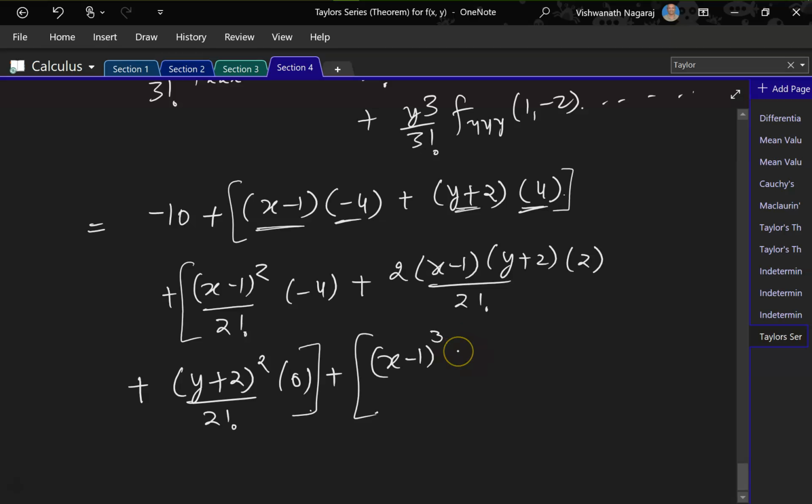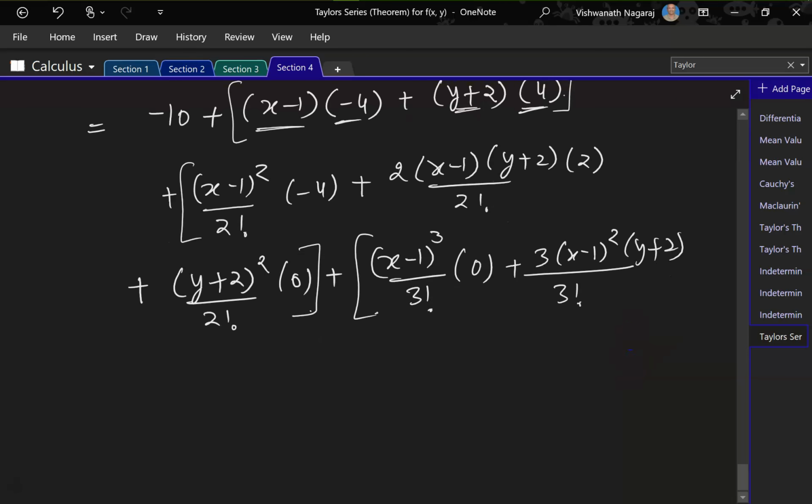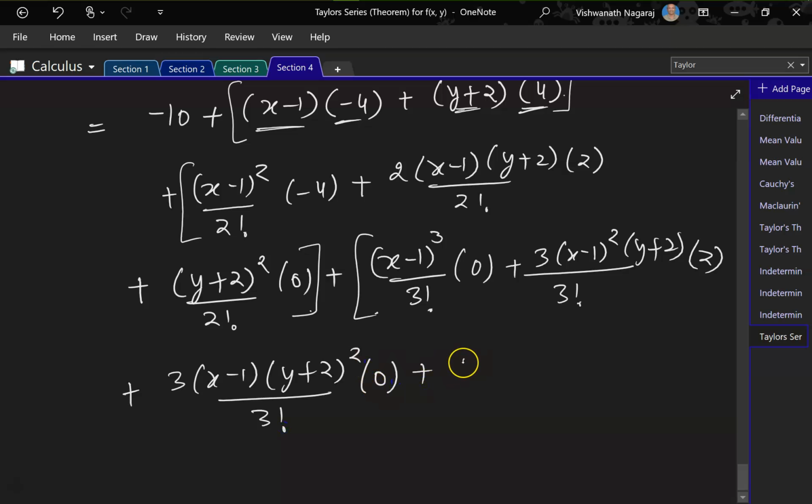So x minus 1 cube by 3 factorial times 0 plus 3 times x minus 1 square y plus 2 by 3 factorial times 2 plus 3 times x minus 1 y plus 2 square by 3 factorial times 0 plus y plus 2 the whole cube by 3 factorial times 0, and so on.